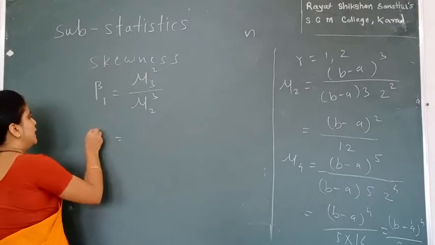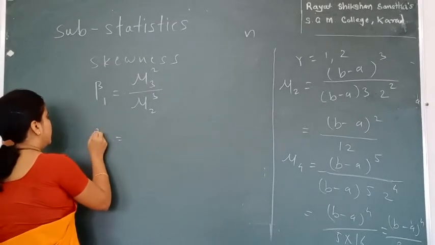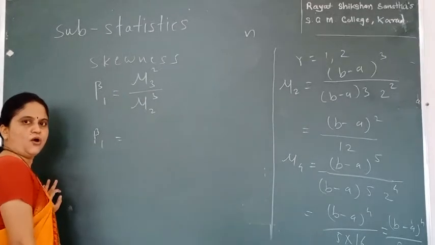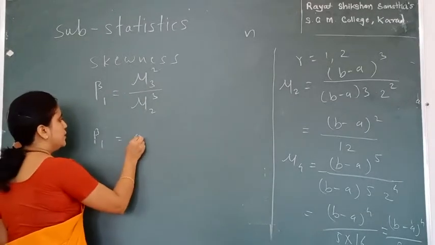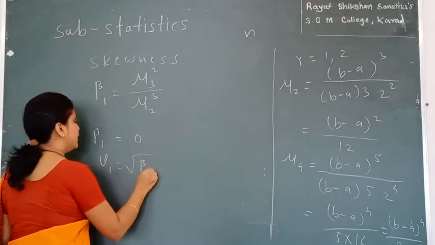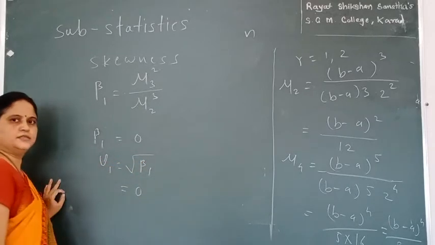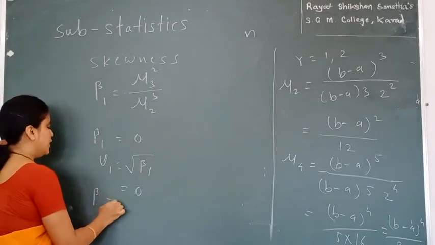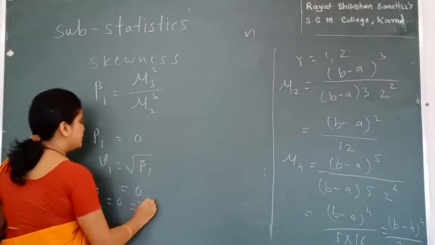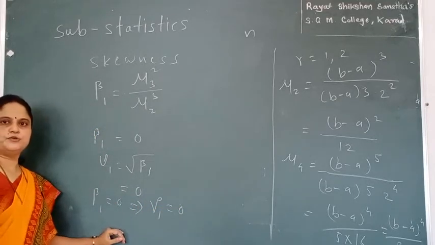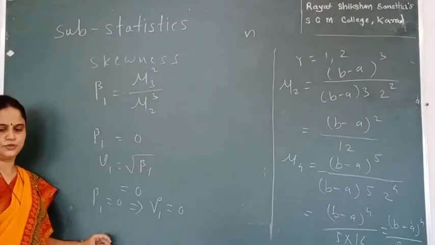Hence the value of beta 1, since over here in the numerator I have mu 3 which is odd order, beta 1 becomes 0. Also the formula for gamma 1 is square root of beta 1. It also comes as 0. So that means if beta 1 is equal to 0, gamma 1 is also equal to 0, and hence the distribution is a symmetric distribution.